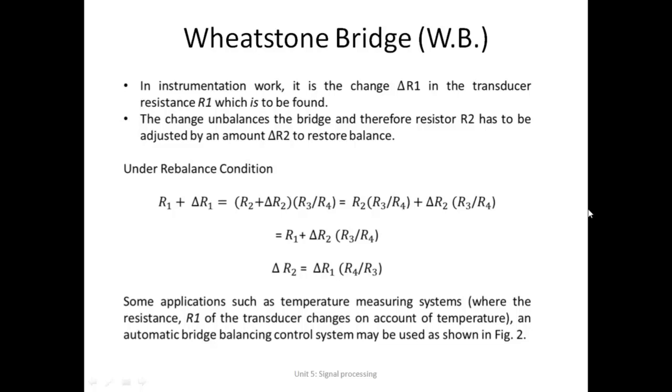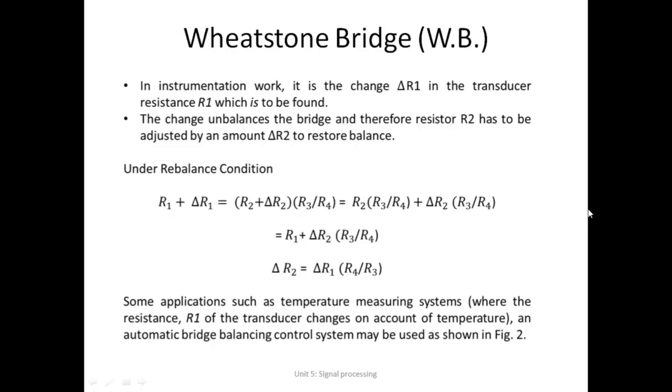Now in the new balance condition, I get (R1 plus delta R1) upon (R2 plus delta R2) is equal to R3 by R4. When I calculate this, I can calculate delta R1 in terms of delta R2, R4 upon R3. R4 and R3 are constant resistance values that I know, and delta R2 is the known resistance change that I have introduced into the circuit.